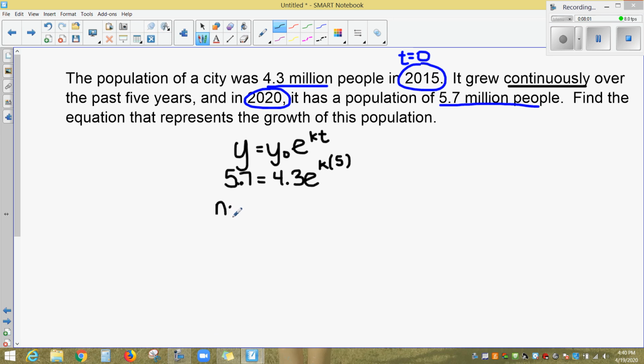From here, now we can find k. When you find your value for k, go ahead and round, if you would, to 3 decimal places. k should be a positive number because our population is growing. It got bigger between 2015 and 2020. Okay, so use your logarithms, find your k, and then we can write down what that model is. Then we'll ask another question.